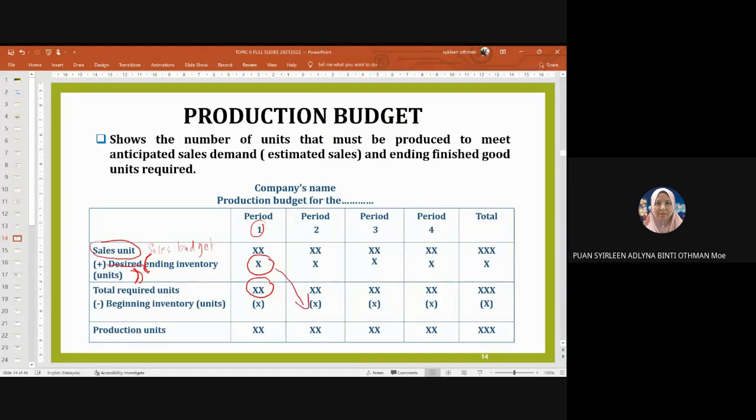And then every company will have an ending inventory policy.